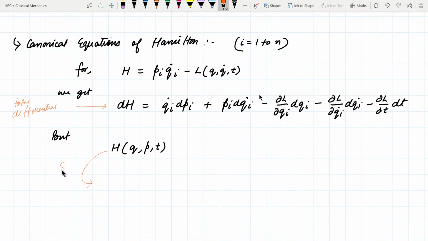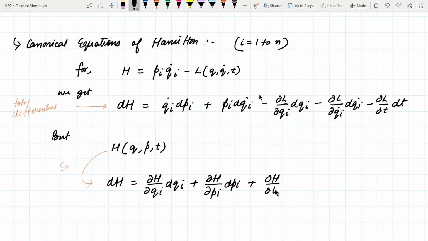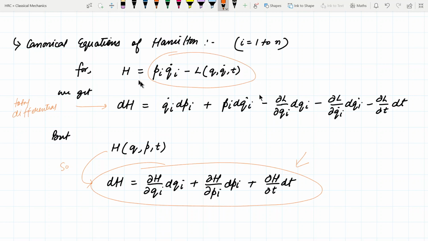So from here also I can say that dH is equal to del H by del q_i dq_i plus del H by del p_i dp_i plus del H by del t dt, है ना? Are you understanding? मैंने यहाँ पे क्या किया, क्योंकि Hamiltonian is a function of q, p and t, इसका total differential looks like this, but because Hamiltonian is equal to this, इसका जो total differential looks like this.